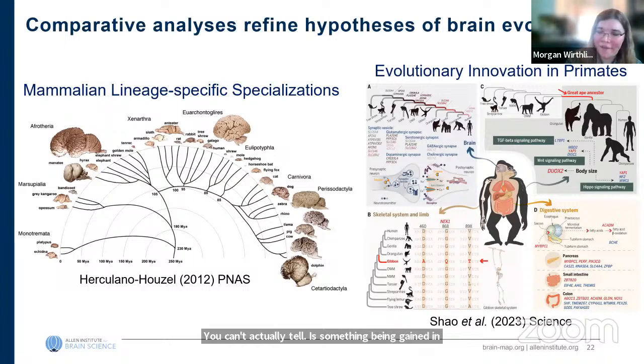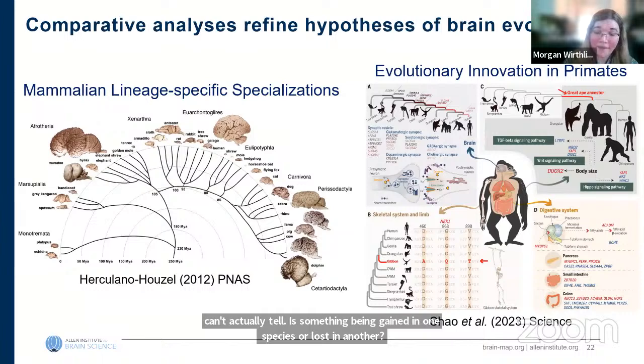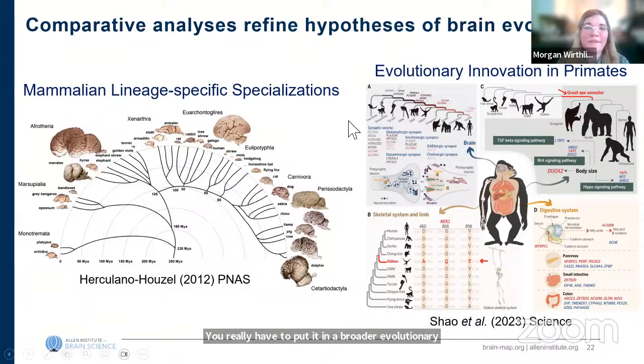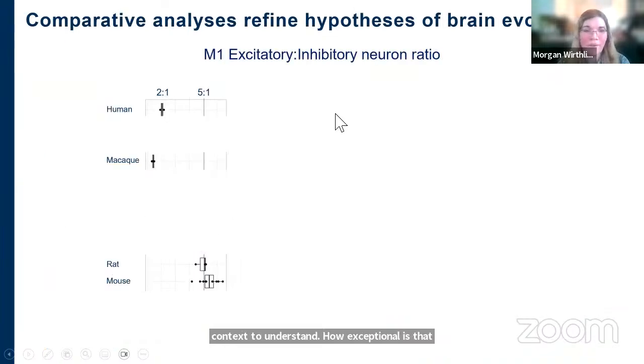Is that loss unique or gain unique, or is it something that's more commonly gained and lost across species? You really have to put it in a broader evolutionary context to understand how exceptional is that difference you found within species. So here's just one illustrated example.